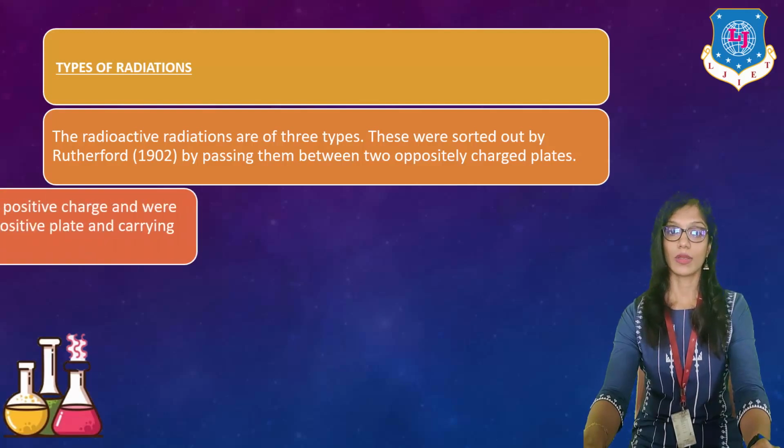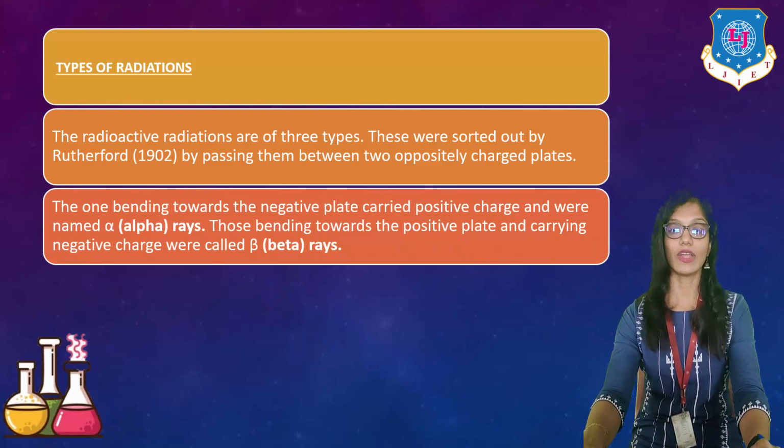The ones bending towards the negative plate carried positive charge and were named alpha rays. Those bending towards the positive plate carry negative charge, which is known as beta rays or beta radiation.